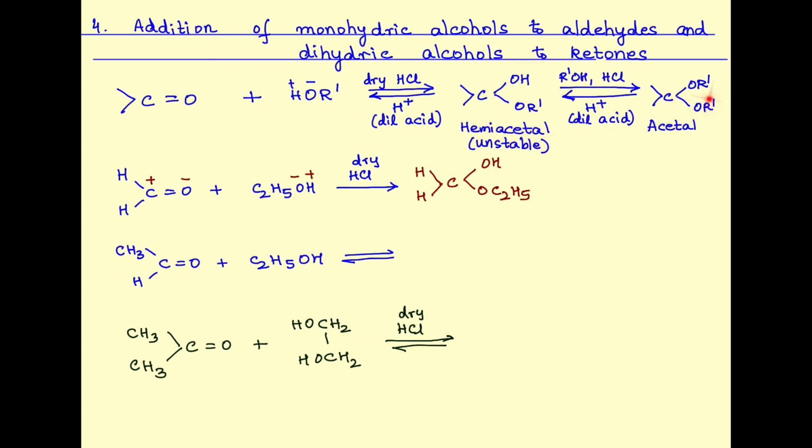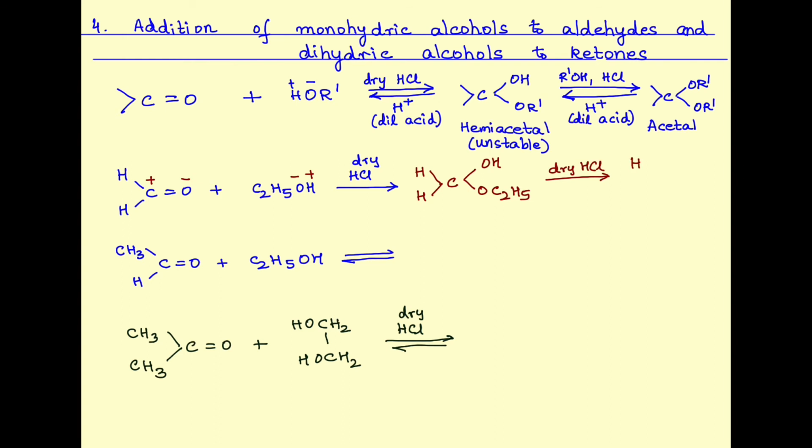Hemiacetal means you have one alkoxy group, and acetal means two ether groups, OC2H5 groups, two alkoxy groups attached on the carbon atom over here. So go ahead. Now next step of the reaction, again dry HCl. What will you get over here?